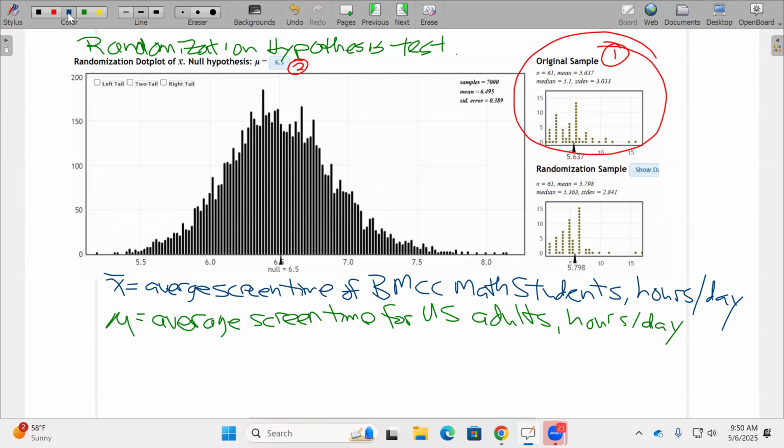Now, based on our hypothesis test, we were thinking that BMCC students watch less, as opposed to just being different. Different means it could be higher, could be lower.